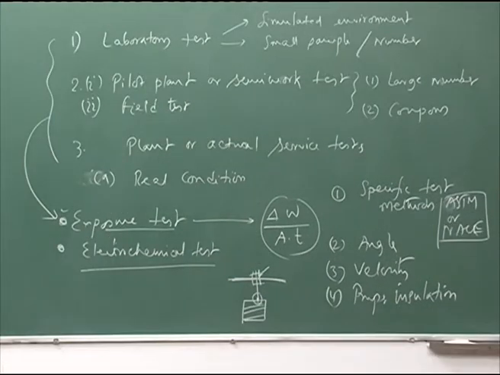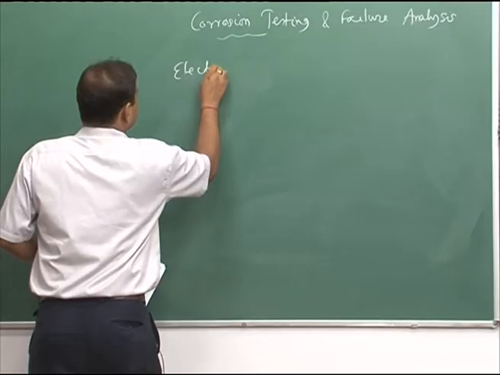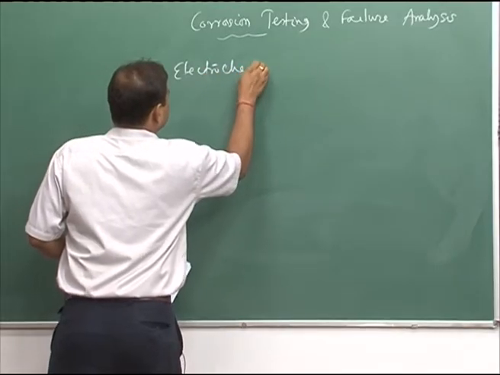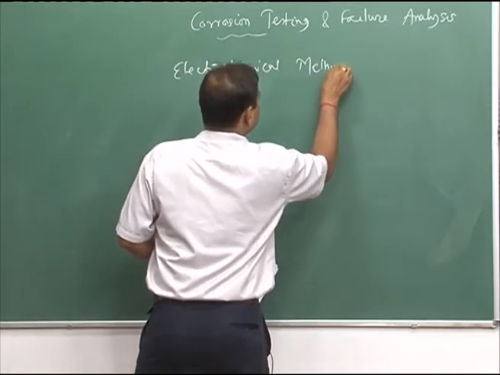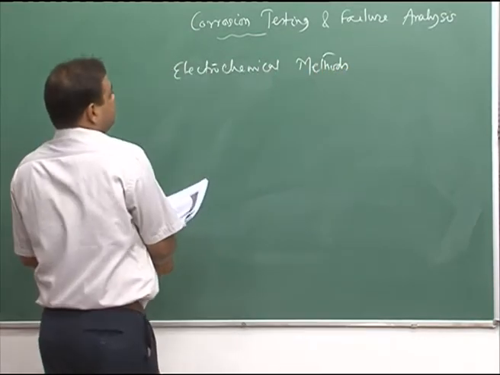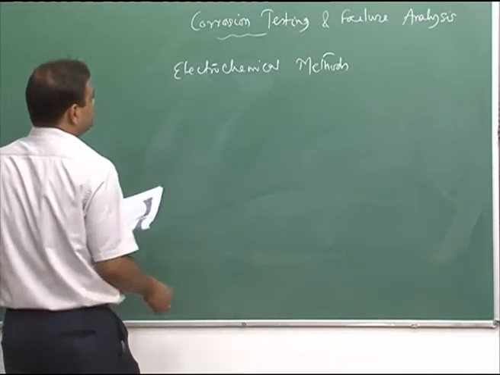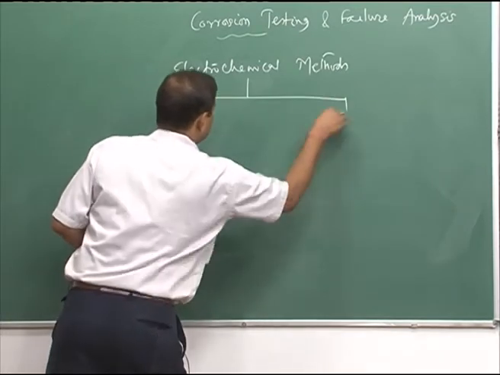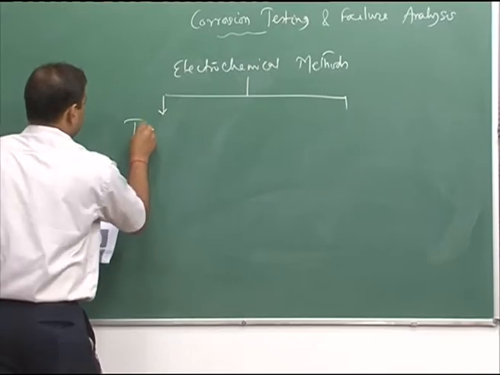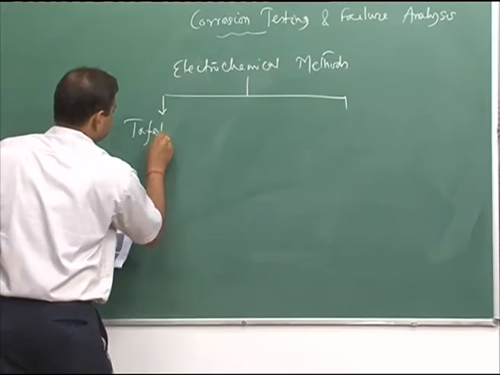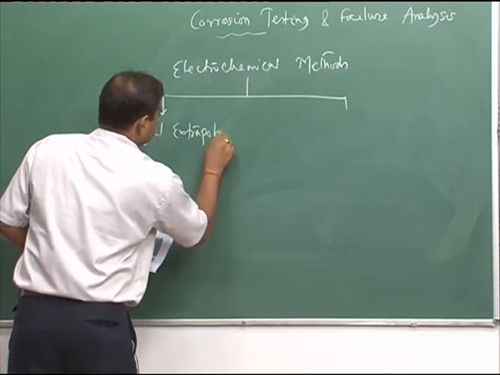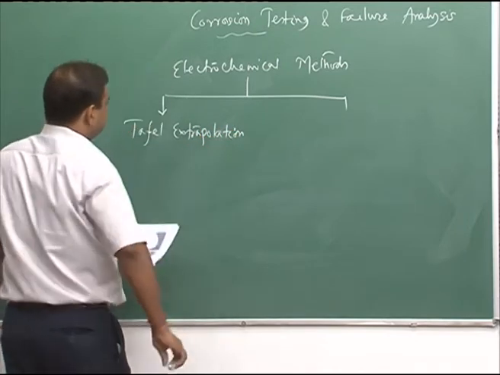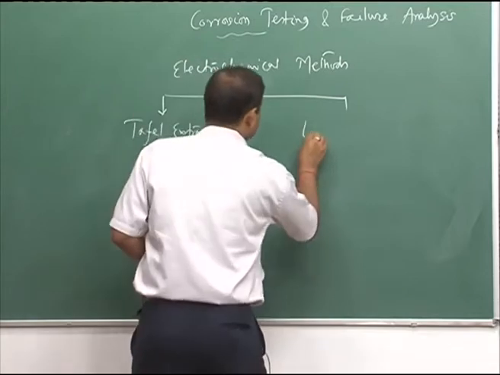Electrochemical methods: we have two broad categories available. One is Tafel extrapolation, and the second one is linear polarization.